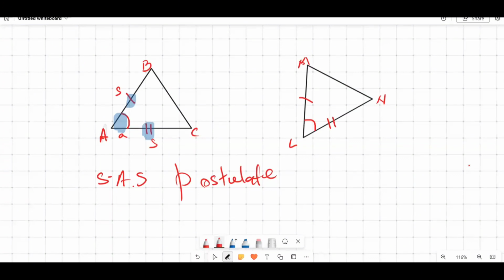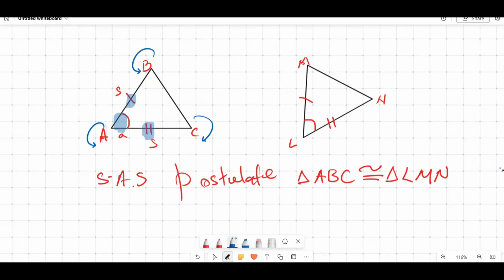So we can conclude that triangle ABC is congruent to triangle LMN. I want us to take note of the order in which the vertices of the triangles were named: A, B, C in that order, L, M, N. So that's one, where we look at side, angle, and another side.